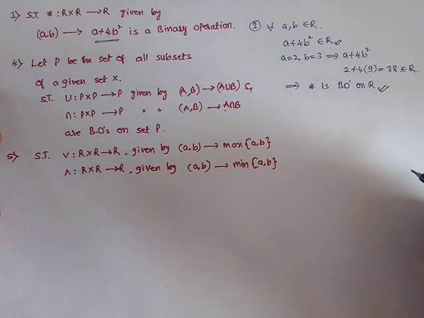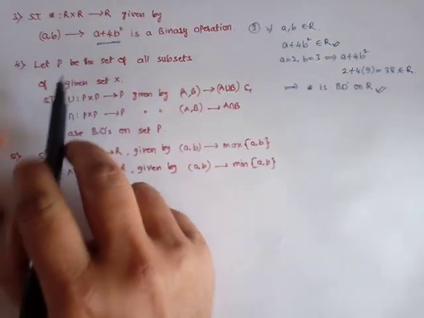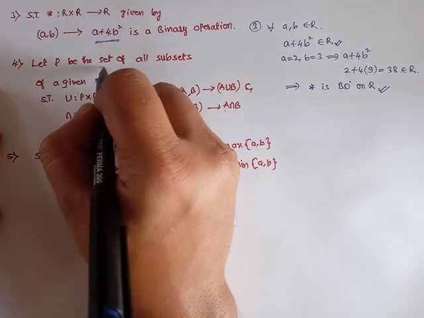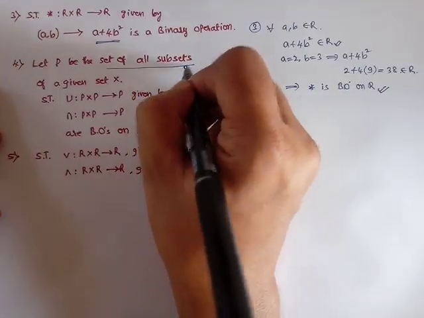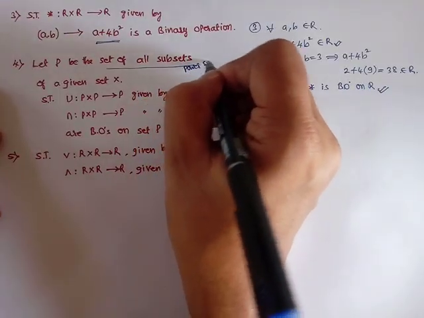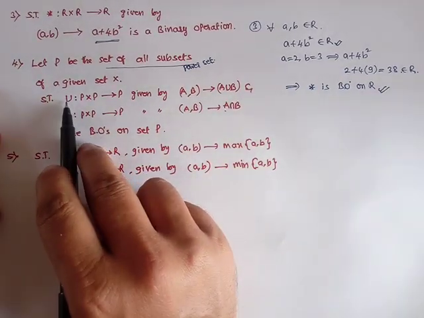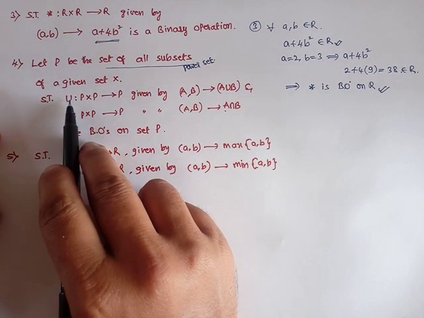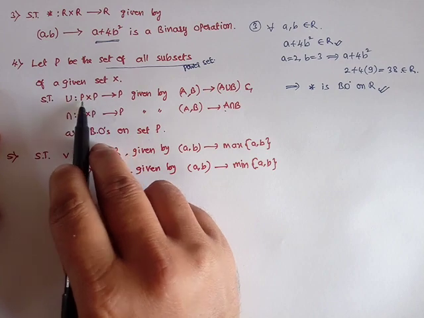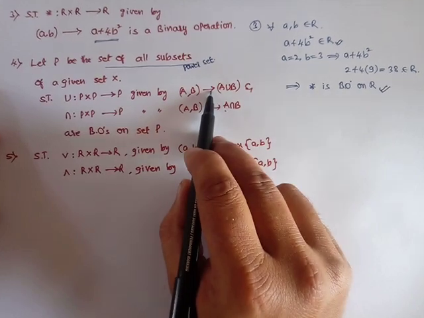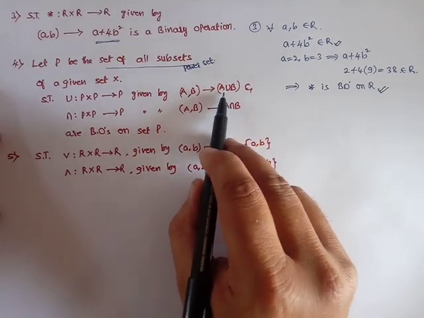Now coming to the next question. Let P be the set of all subsets of a given set X. The set of all subsets is nothing but the power set of X. Union is a mapping from P cross P to P given by a comma b goes to a union b, the union of two sets.